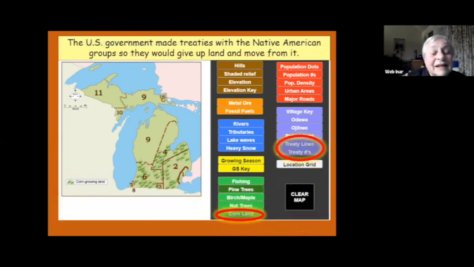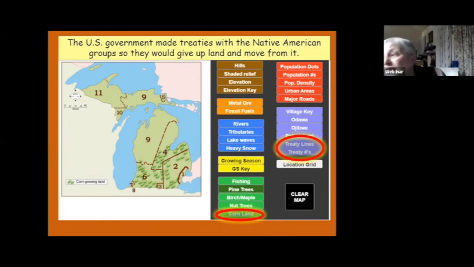And this does present a problem, however, because before the European Americans came here, we had Native Americans here earlier, some of whom, like the Potawatomi, were growing corn.